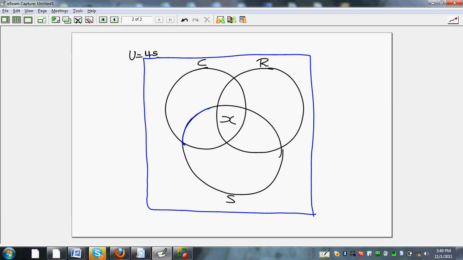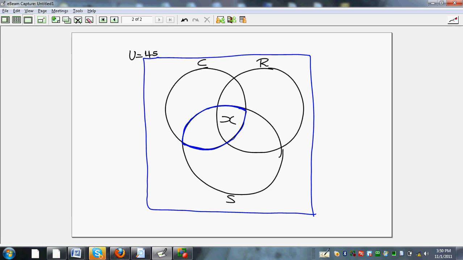The next thing we'll do is we'll start to look at the areas closest to the X. So let's say this area that I'm drawing out here in blue would represent those who like calypso and soca.